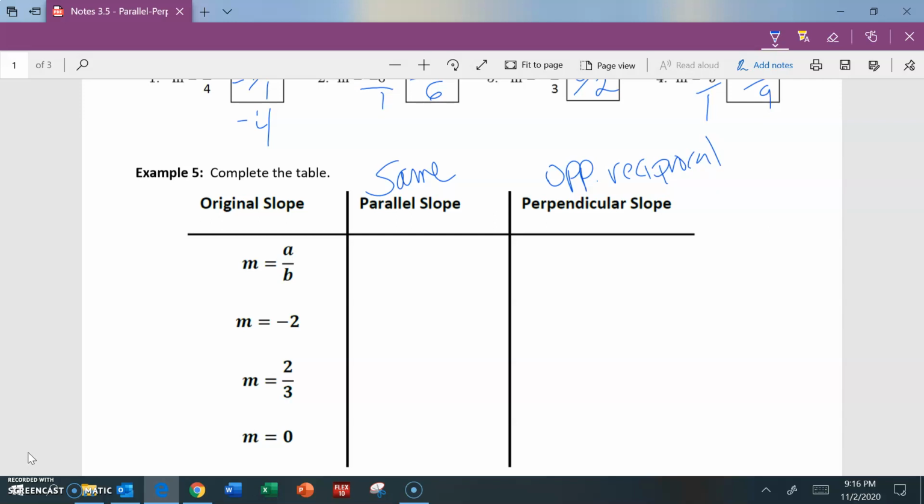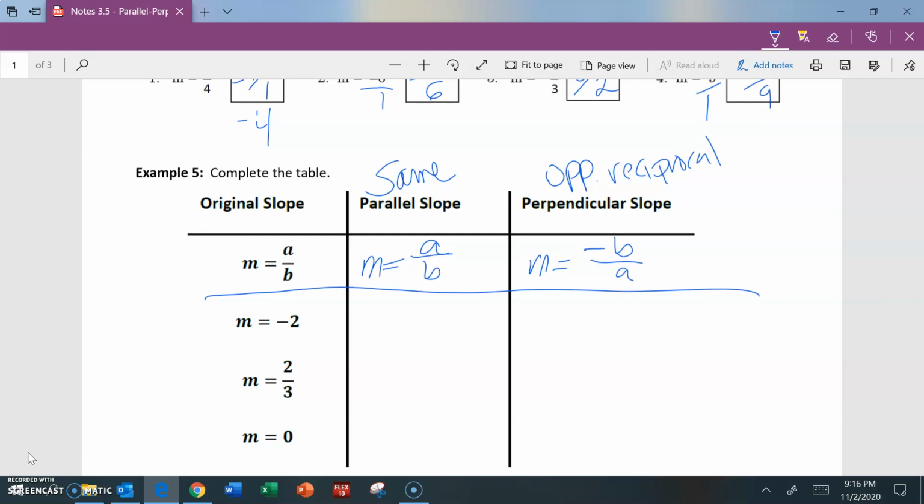Okay? So if we have m equals a/b, then our slope that would be parallel to it would also be a/b, but perpendicular, we would need the opposite reciprocal, so that would be -b/a.